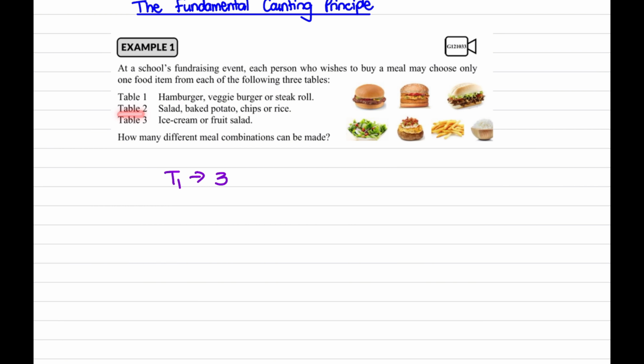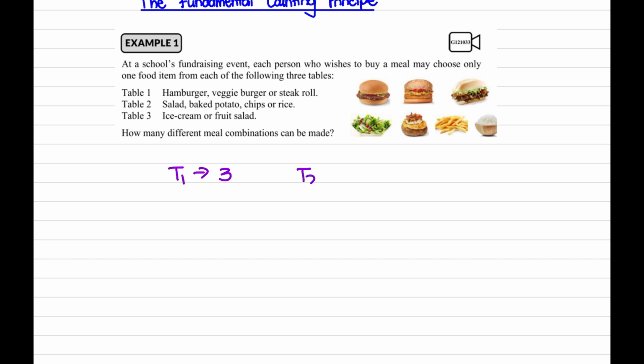On table 2, you have salad, baked potato, chips, or rice. So on table 2, we have 4 options. And on the third table, you can either choose ice cream or a fruit salad. So on your third table, we have 2 possible options.